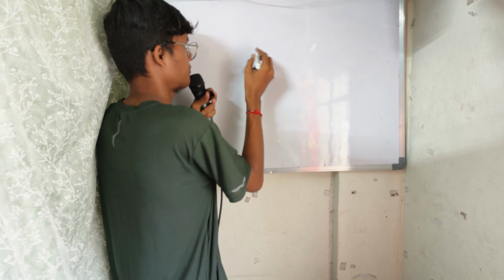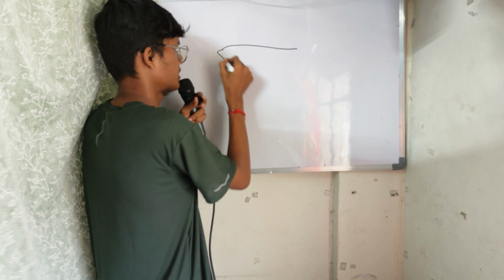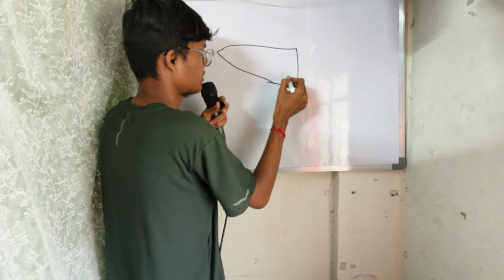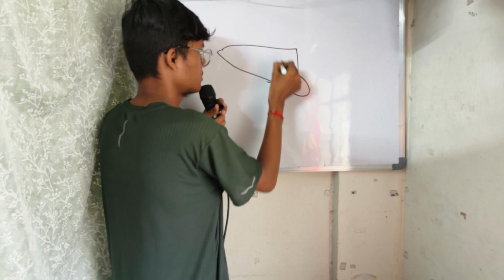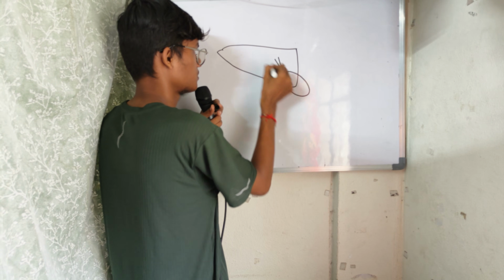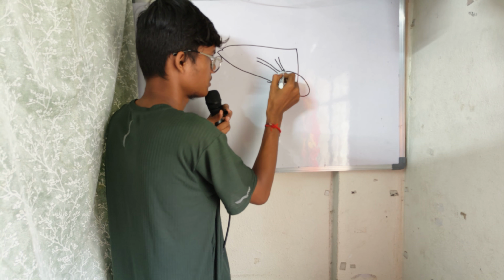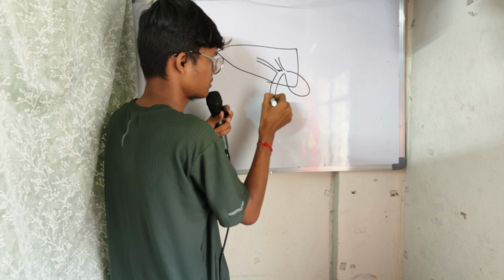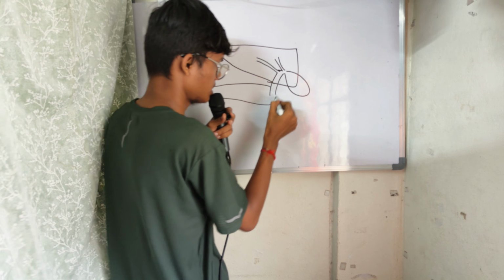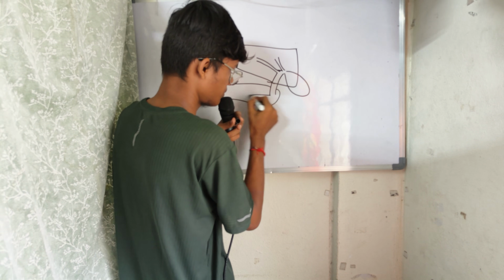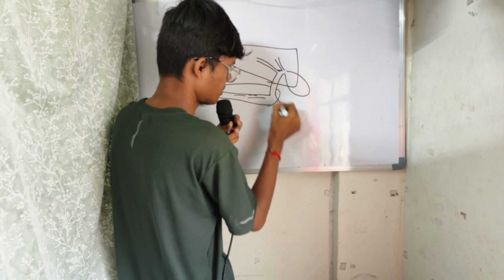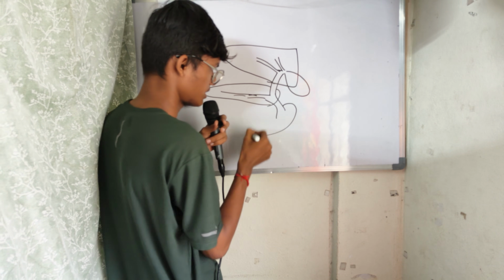And now, what are the complications? Again, we'll draw our liver, and this is the gallbladder. Okay, from here it is coming this side. It is coming to the pancreas, and from here it is coming to the small intestine.